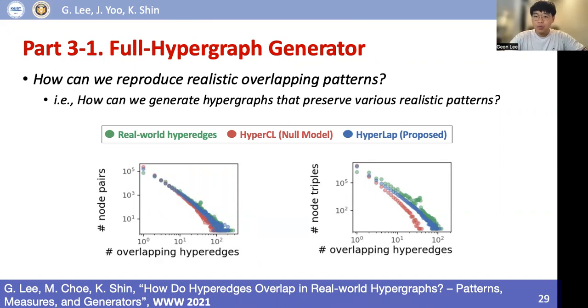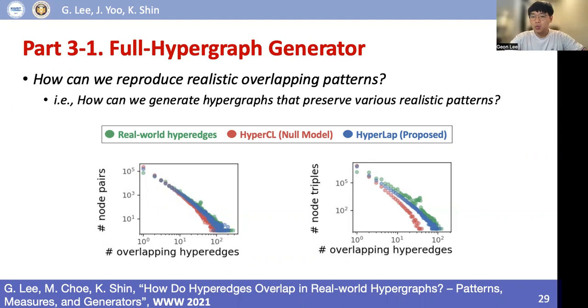HyperLab is one of the models that addresses the limitations of HyperCL and generates hypergraphs with realistic structural patterns. For example, in the figure, we can see that HyperLab accurately reproduces the degree distributions of pair and triple nodes of the real-world hypergraphs, while HyperCL fails.